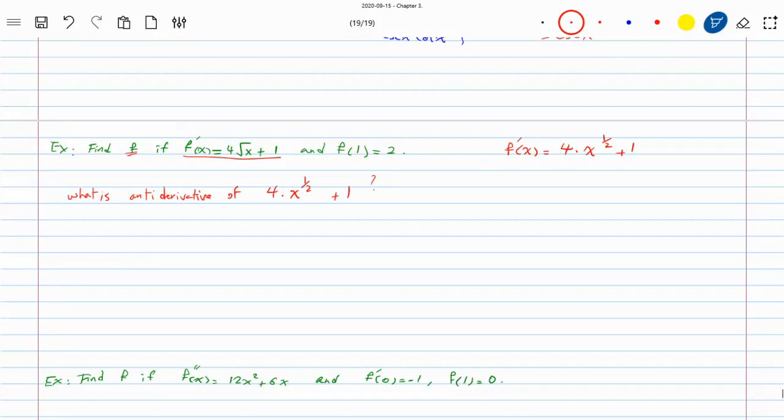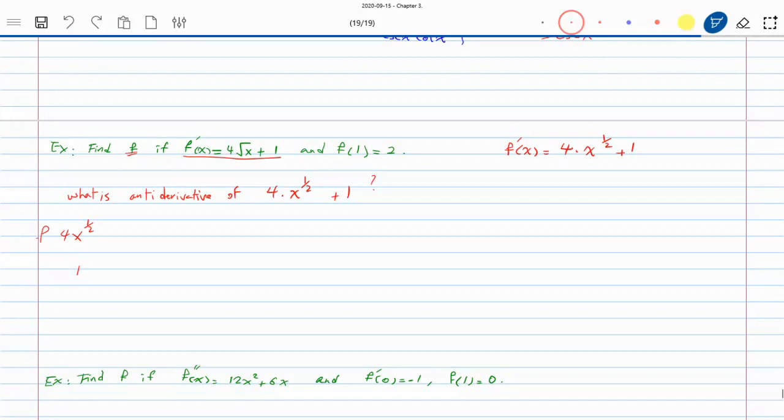You can calculate each one separately: the antiderivative of x to the power 1/2, the antiderivative of 1, and find out what is their summation later.